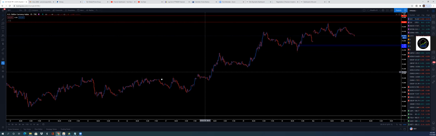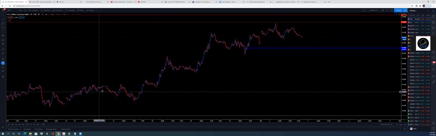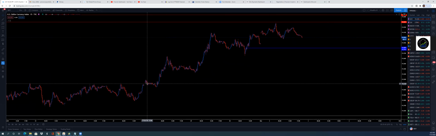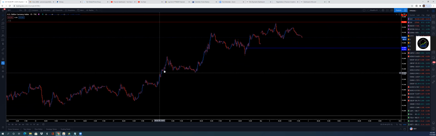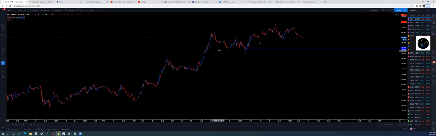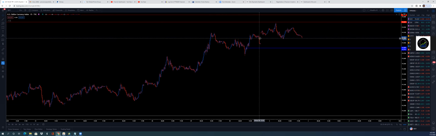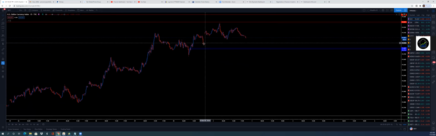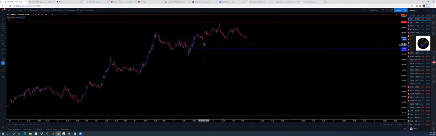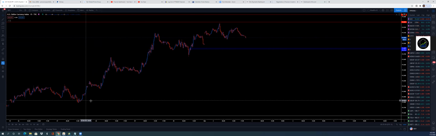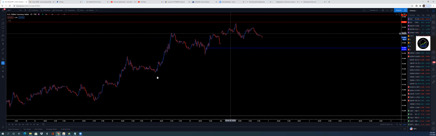And then we got it to push up. And this is where it closed on Friday. So we got all this move up last week.